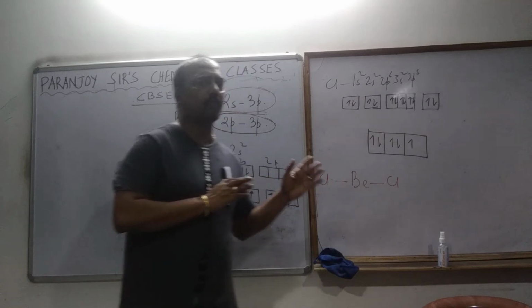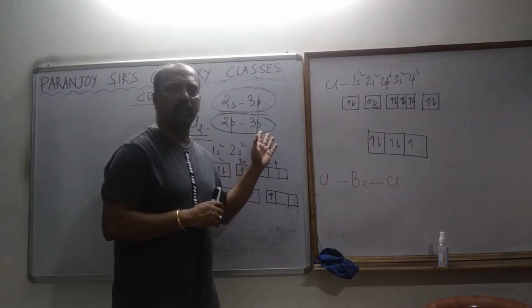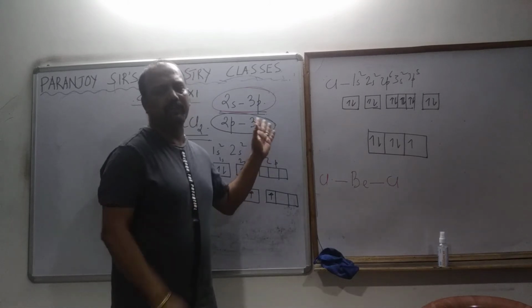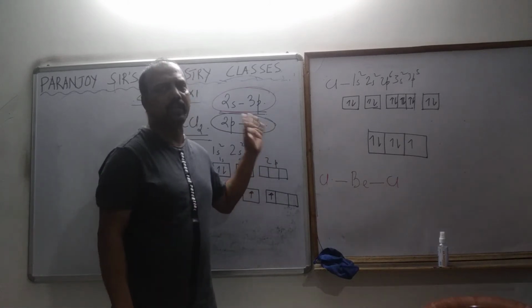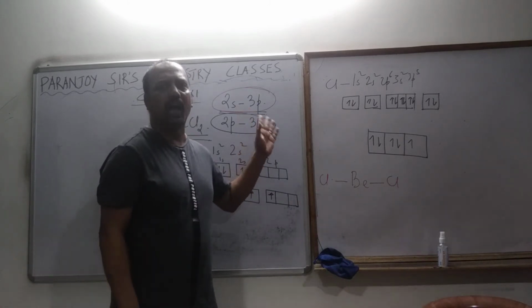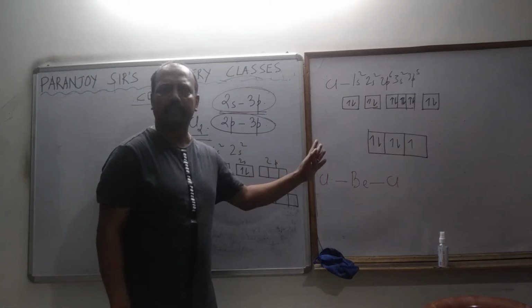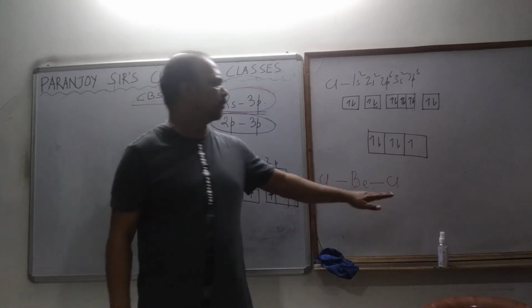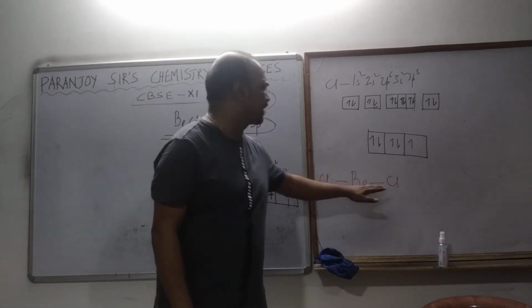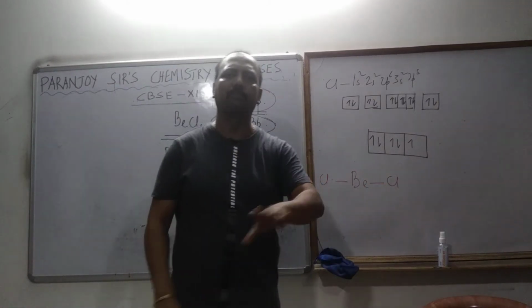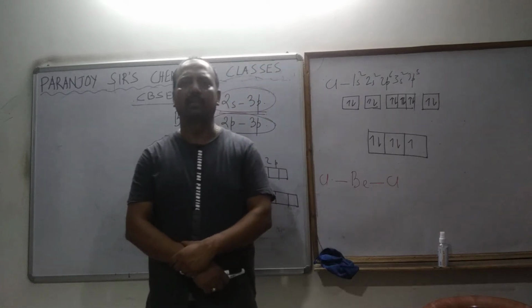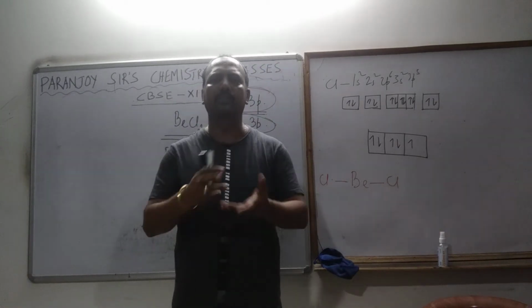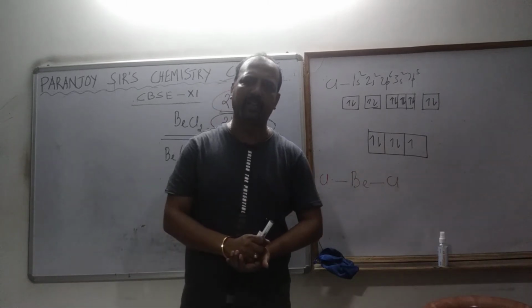But whatever we have done till now according to VBT, these bonds are different. Our experiments confirmed that both the bonds between B and Cl are exactly the same. Now, how can we explain this? Here comes the concept of hybridization.